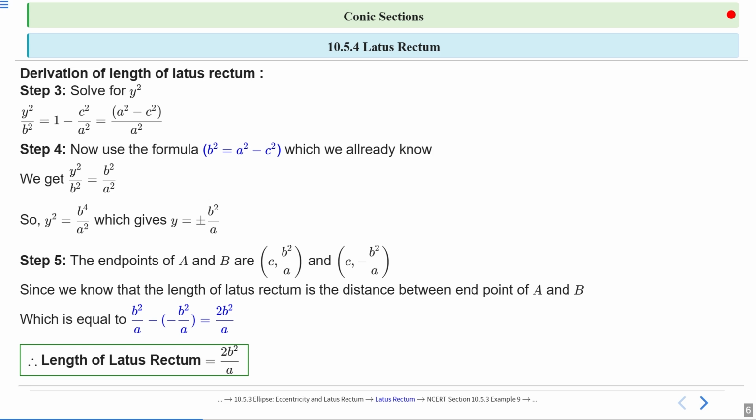Now you may ask, what is the length of the latus rectum for an ellipse whose standard equation is x square upon a square plus y square upon b square equal to 1 when a is less than b? In that case the length of the latus rectum is 2a square upon b. So when a is greater than b, the length of the latus rectum is 2b square upon a. When a is less than b, the length of the latus rectum is 2a square upon b.